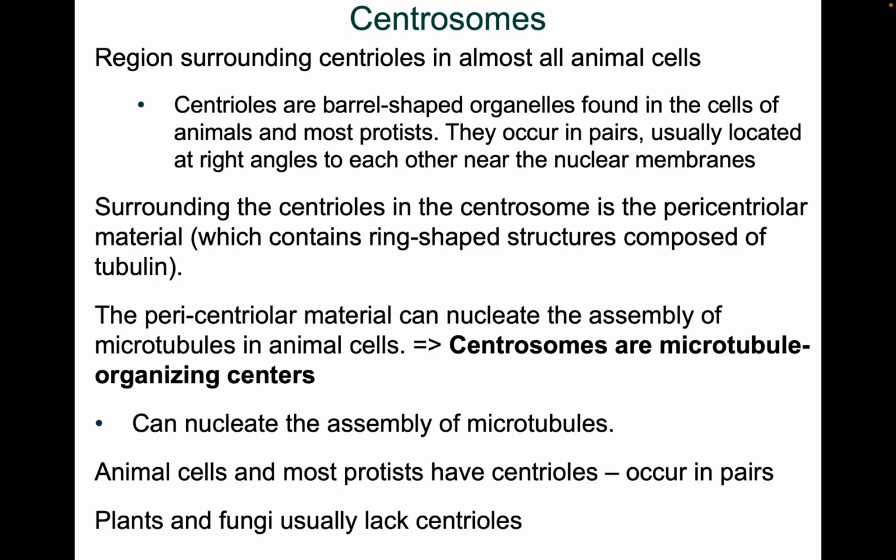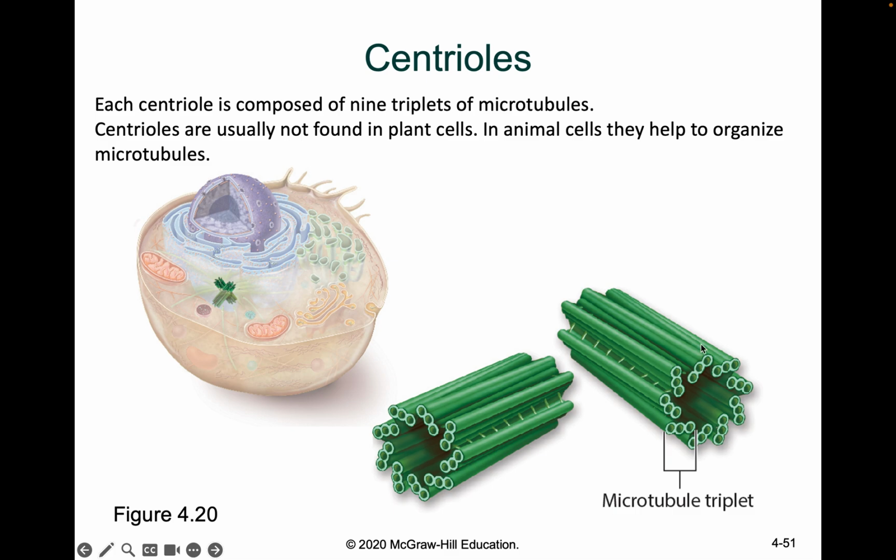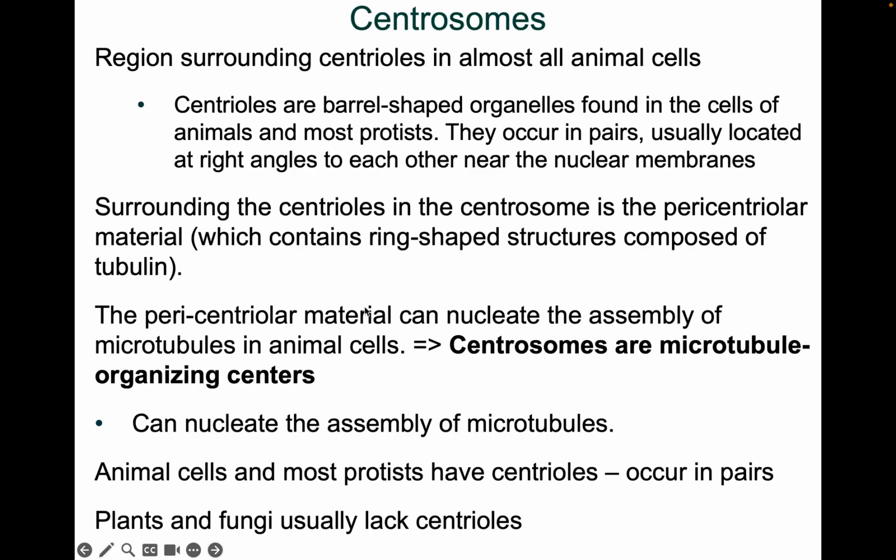These most probably are the organizing centers. Their function is to create these big microtubules. They're the nucleating center of these microtubules. They will start taking alpha beta tubulin from the pericentriolar material and start creating these big filaments.